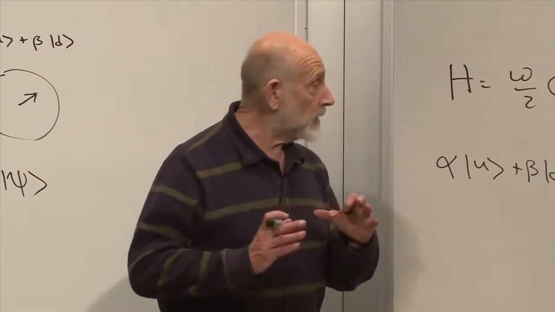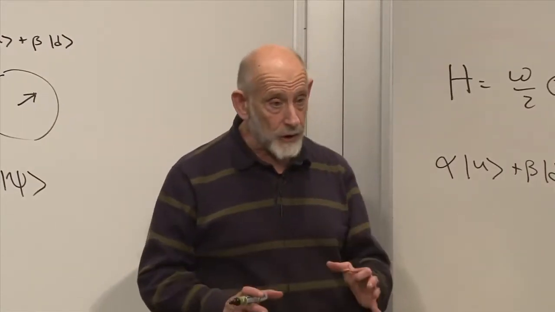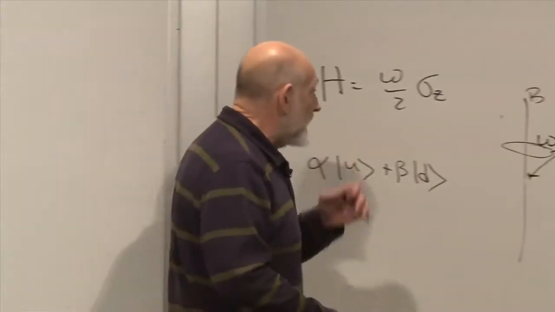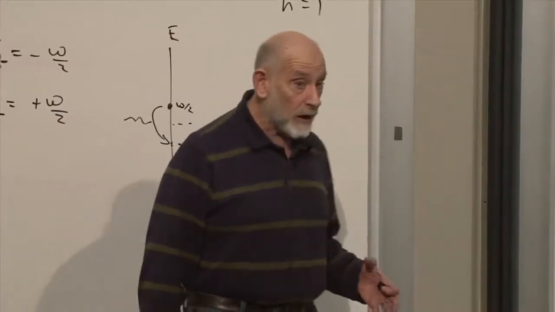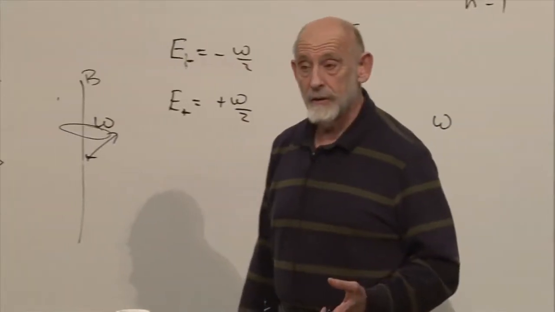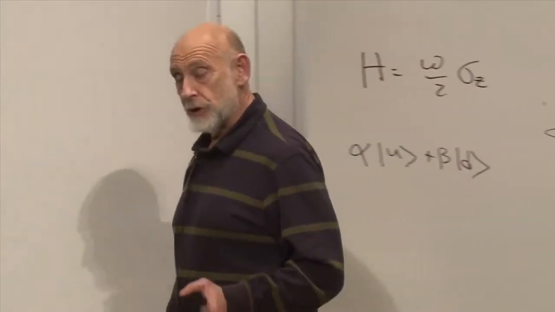The average energy is the same as the classical energy, but each individual event either emits no photon or emits a photon of energy omega.